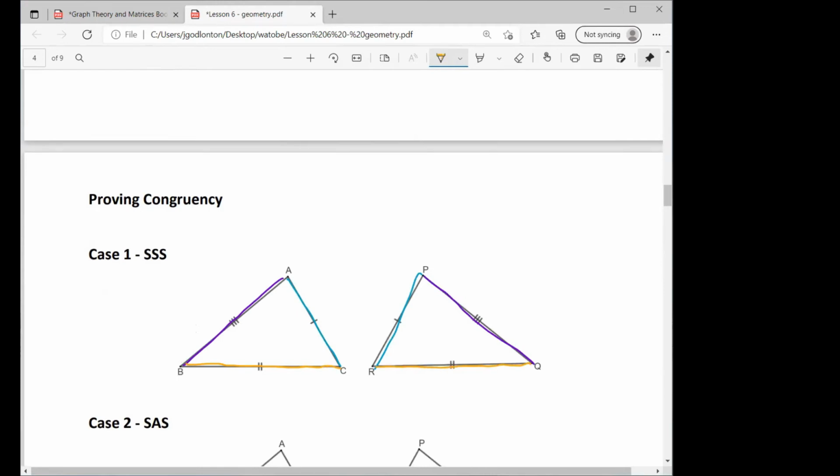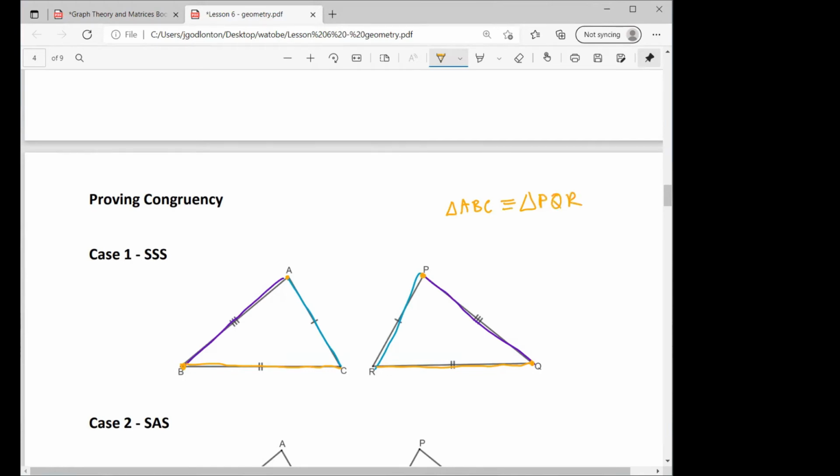And because all three sides are the same as each other, we could say that triangle ABC is congruent to triangle. Now we have to try and follow our colors here. So we started at A, and then we went along purple to B. So we're going to start at P, and we're going along purple to Q. And then we're left with R.